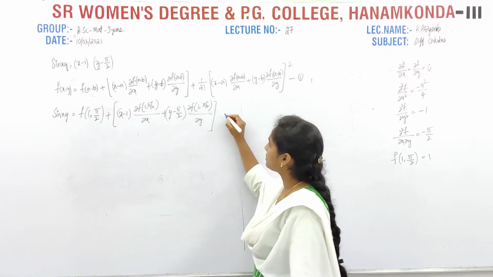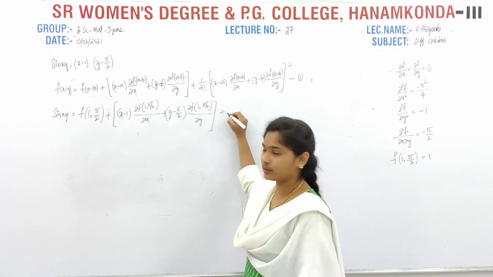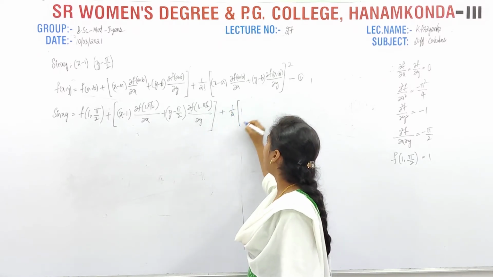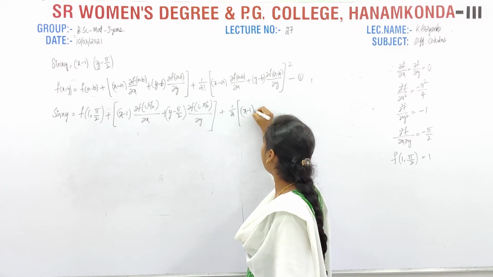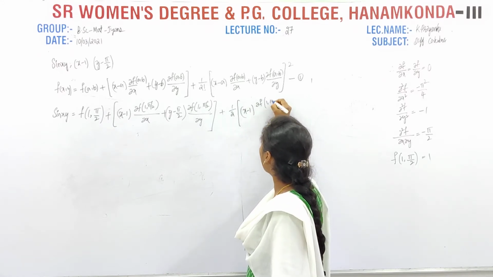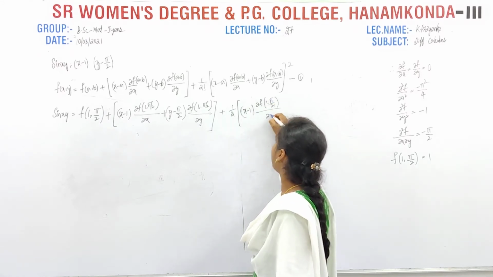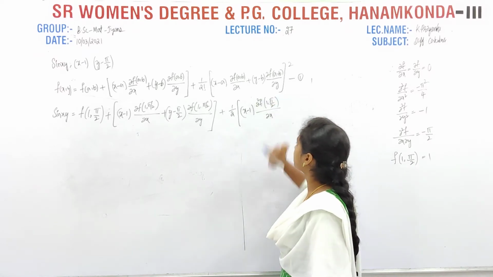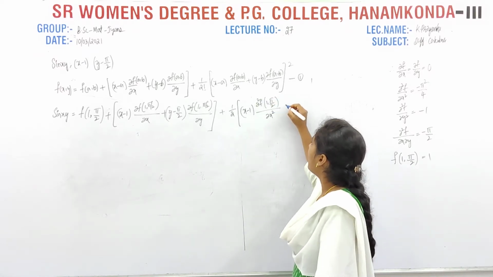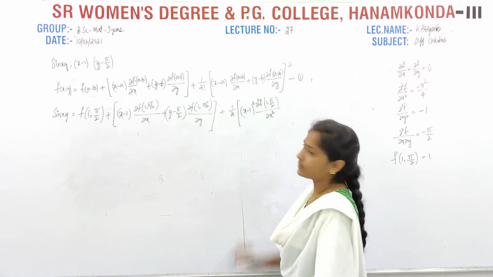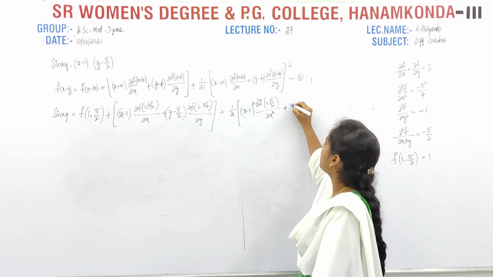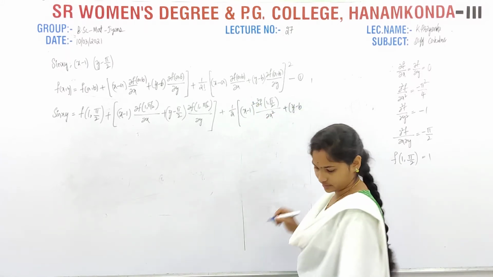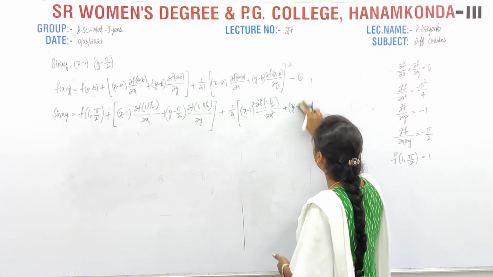Okay, the next here we have 1 by 2 factorial, means 1 by 2 of, now here, (x minus 1) into ∂f(1, pi by 2)/∂x. Okay, of course I am expanding this one, ∂x square. Okay, and here (x minus 1) whole square. Then next plus (y minus b) whole square. b value is nothing but pi by 2.